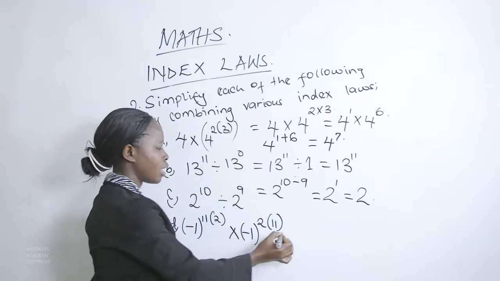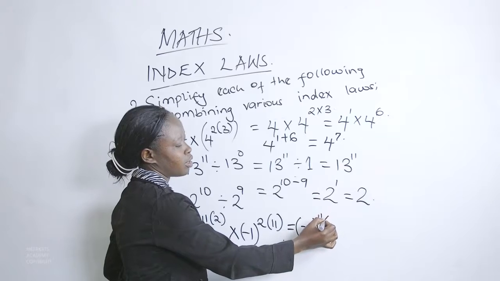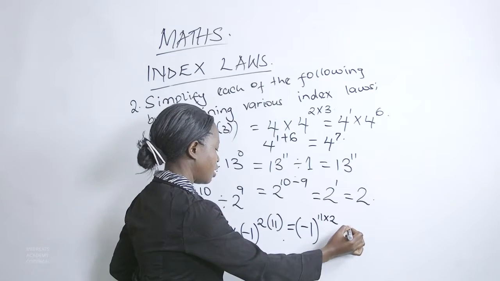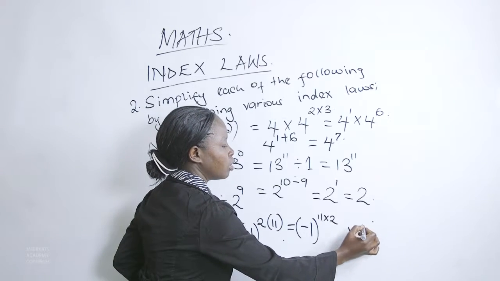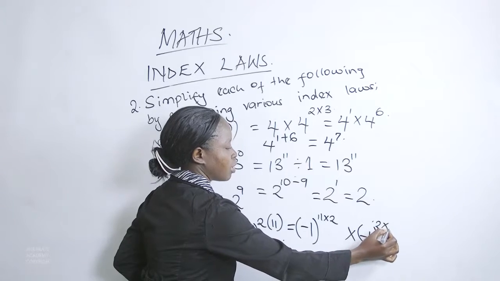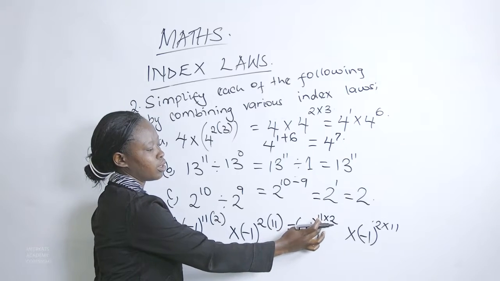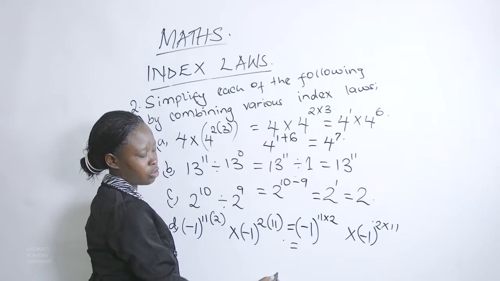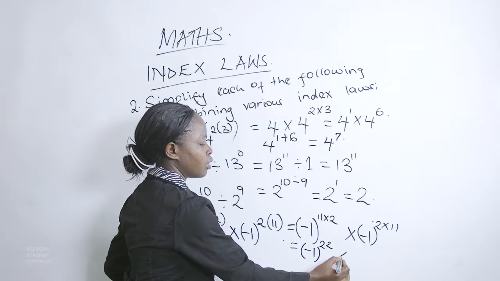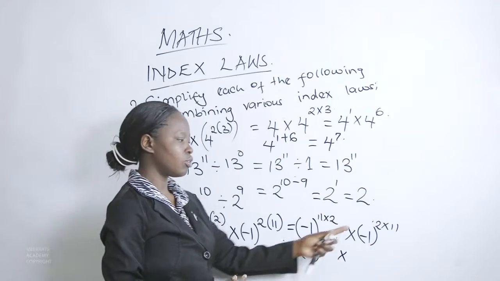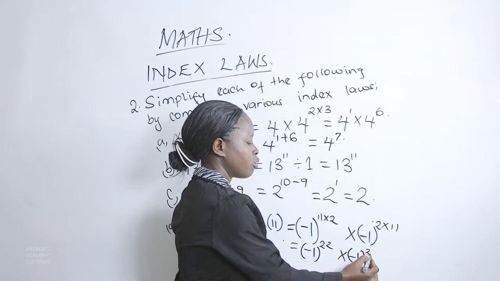So this means that I'll have negative 1 to the power of 11 times 2, then multiplied by negative 1 to the power of 2 times 11. When we multiply, 11 times 2 gives us 22. So this means that this is negative 1 to the power of 22. Then times negative 1, 2 times 11 is just 22. So I'll have negative 1 to the power of 22.